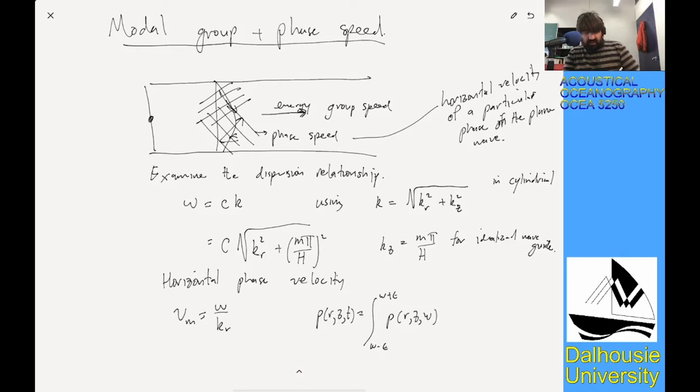Here's the solution that we actually derived, right? That's our modal solution in terms of frequency. And then we're going to do our inverse transform, and it's going to be omega t minus kr, and I put the m there because really we're talking about a discrete modal solution, right? This p of omega is a modal solution.